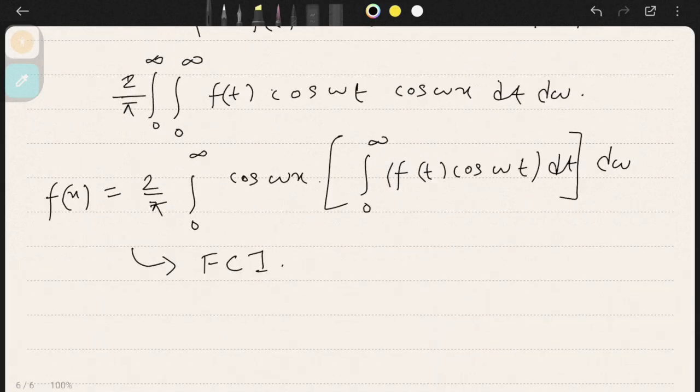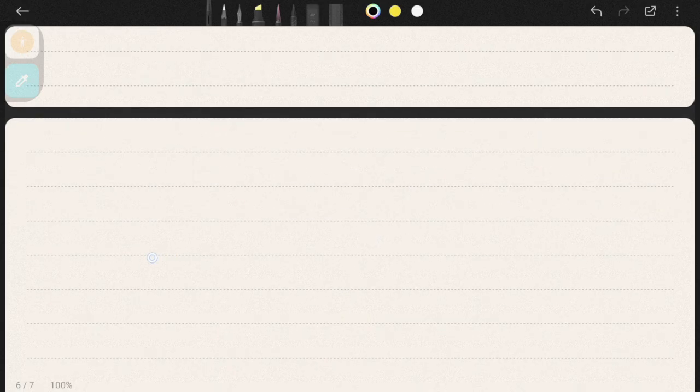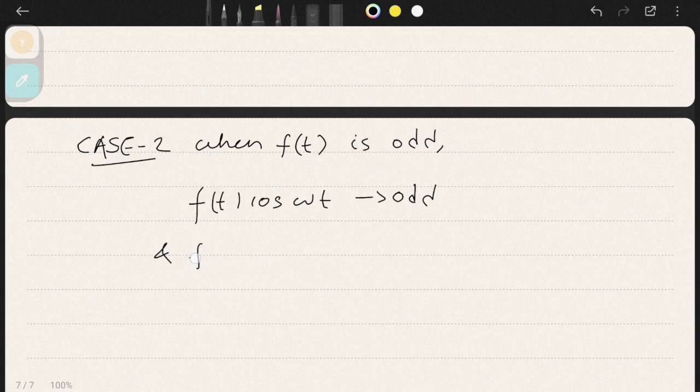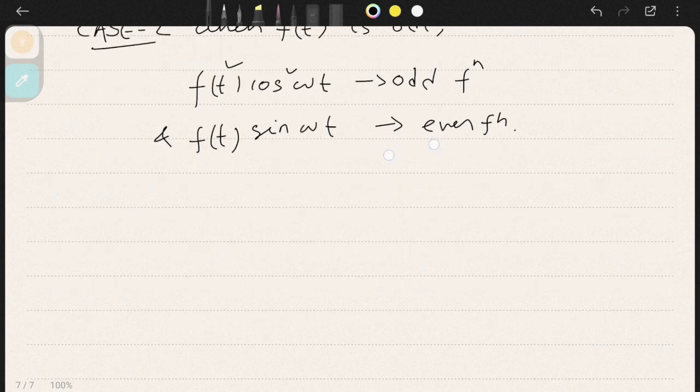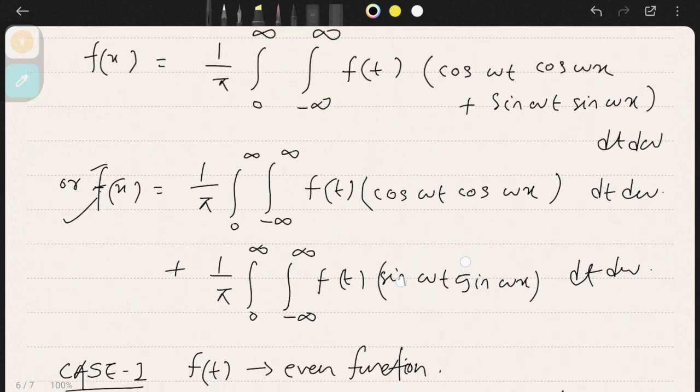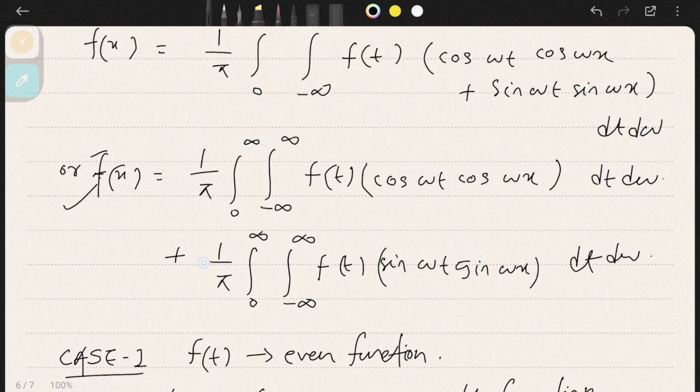So now let's prove the Fourier sine integral. Case 2: when f(t) is odd. When f(t) is odd, f(t) cos omega t will be odd, because an odd and an even function multiplied become an odd function, and f(t) sin omega t is even. So the first term becomes 0, and only the second term survives.